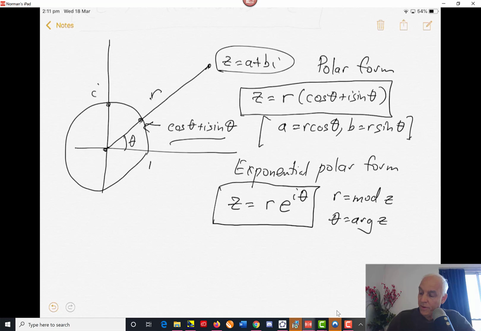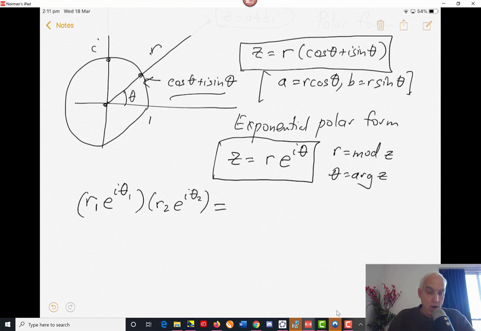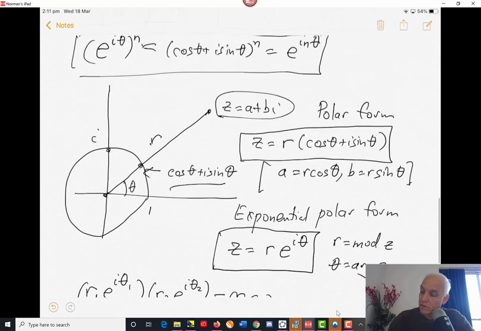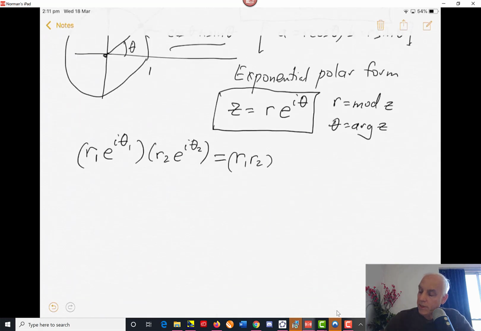The advantage of this is that multiplication is quite easy. If we have two complex numbers, both of that form, say r1 e to the i theta 1 and r2 e to the i theta 2, their product is going to be what? The r1 and r2 we can bring together, and the product of the exponentials, by this rule up here, is just e to the i (theta 1 plus theta 2).